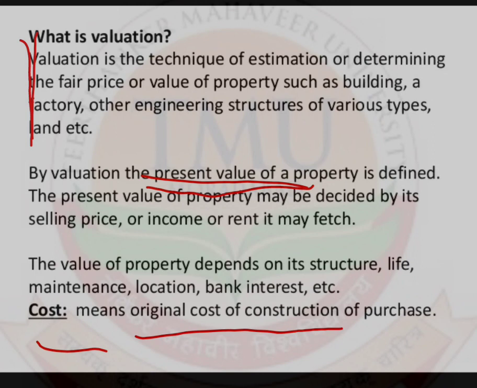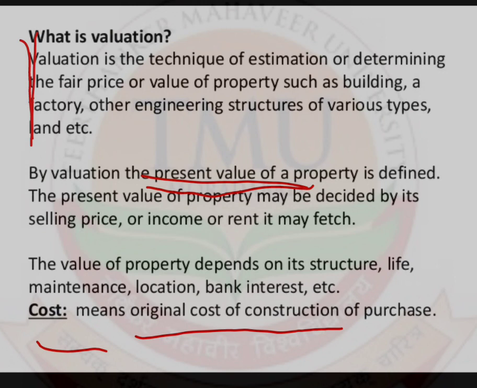That means what is the original cost of construction, or if the property is purchased, then what is the investment, what is the total cost, or what is the total amount that you pay. That is the cost of the property. So saleable value may be more or less than the cost.